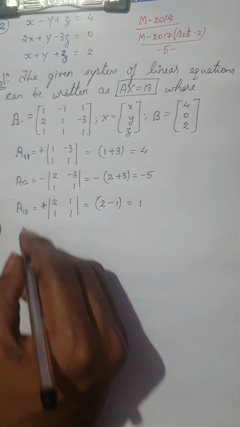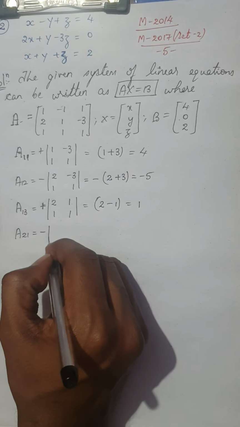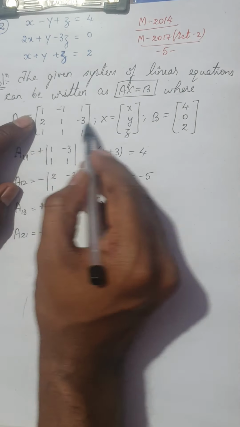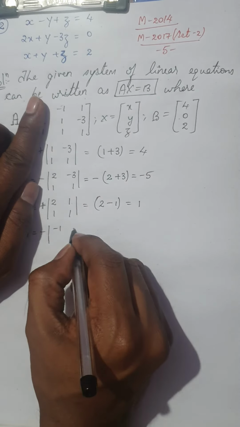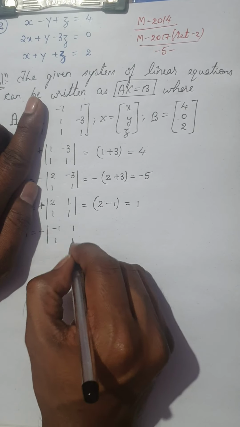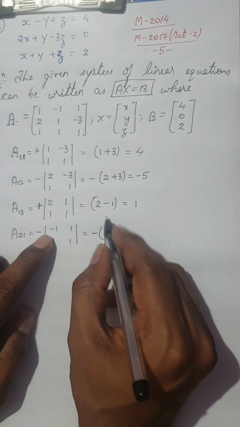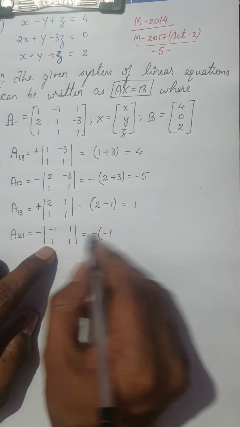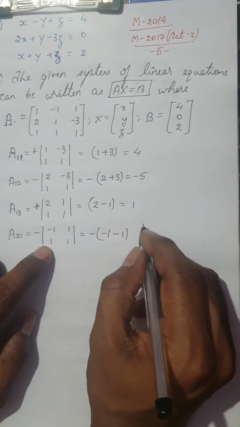Is it clear? Next, A21. A21 outside sign will be negative. Take away the row and column, I'll be left with minus 1 and 1, and here 1 and 1. Outside I have minus, keep it as it is. Minus 1 into 1 is minus 1, minus 1 into 1 is 1.